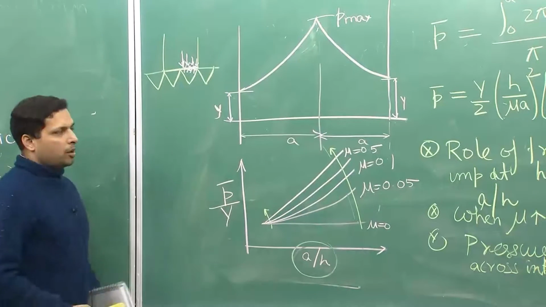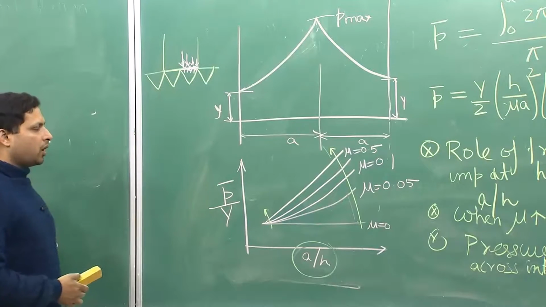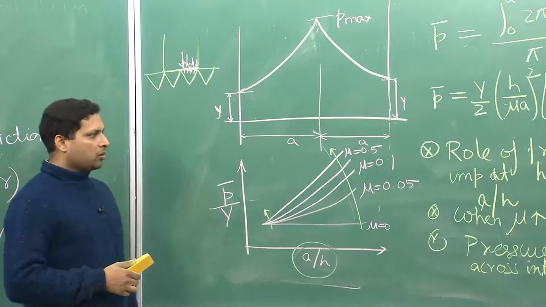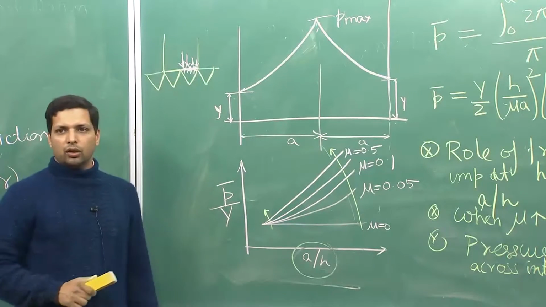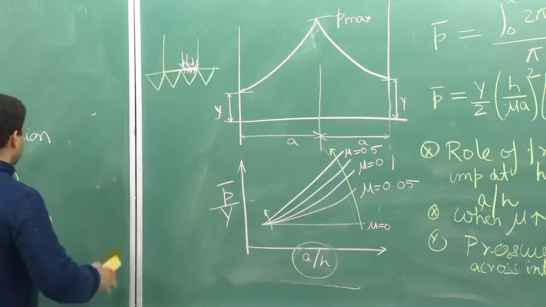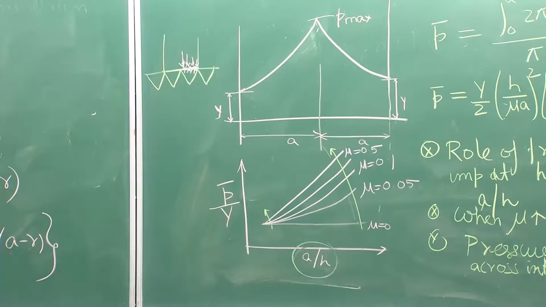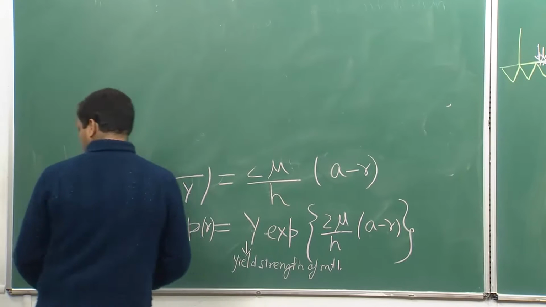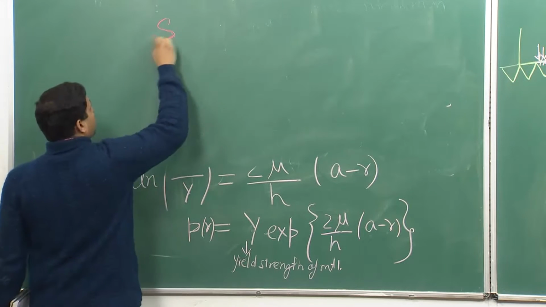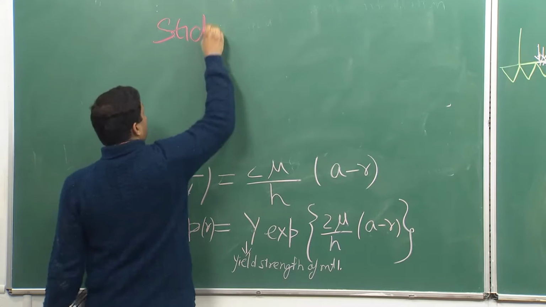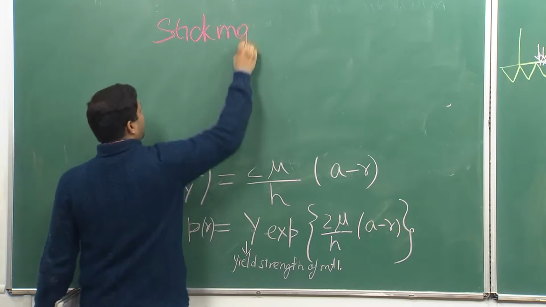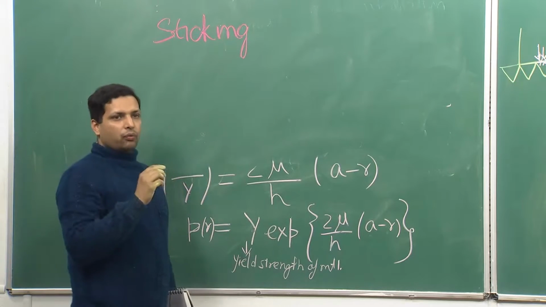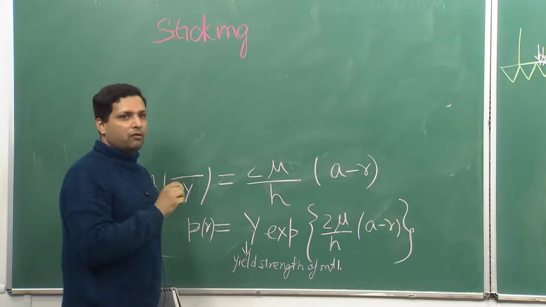Another important point about friction: we have looked at one kind, Coulomb friction. There is still another kind of friction which is called sticking friction. In fact, when I am writing onto the board, what is working here is sticking friction.